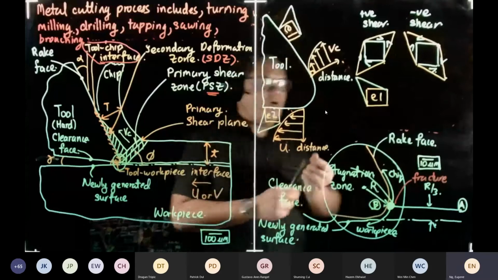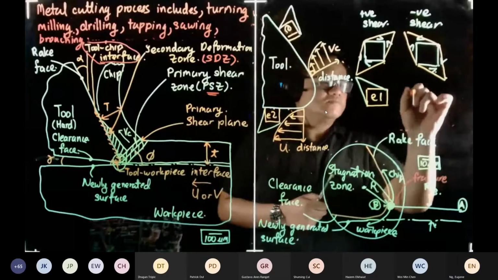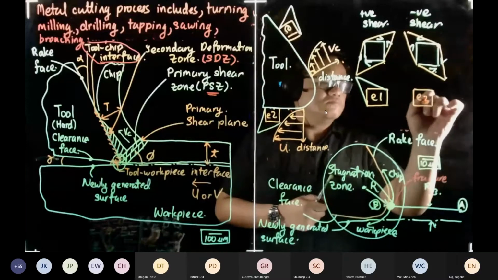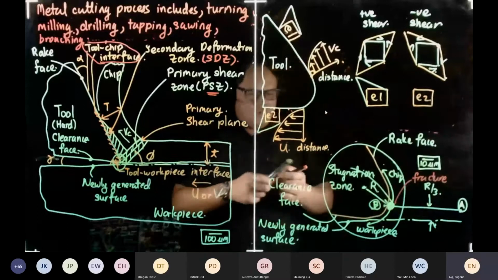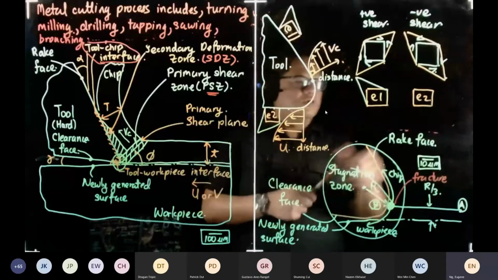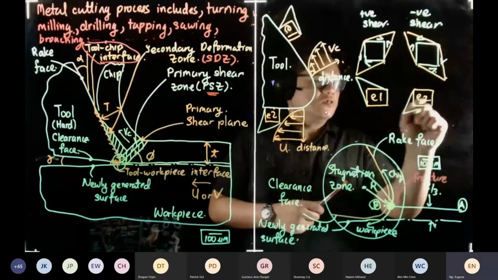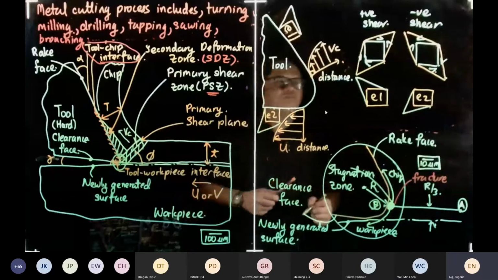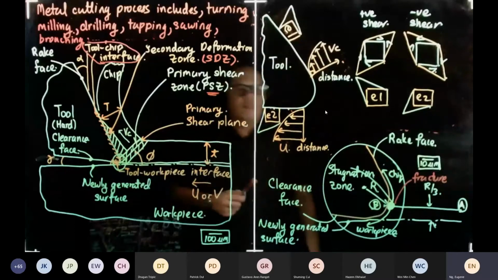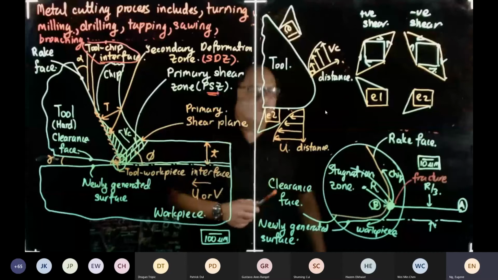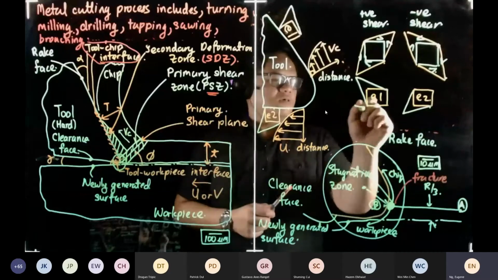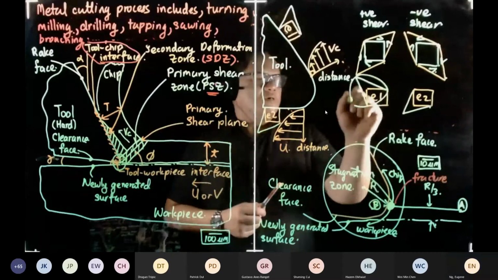And then if you look at element two, the deformation is doing this way. So can anyone tell me, element one, is it positive or negative shear? Negative. Well done.